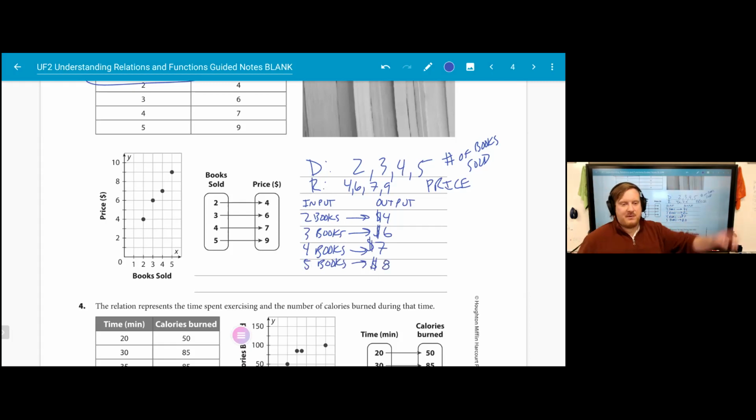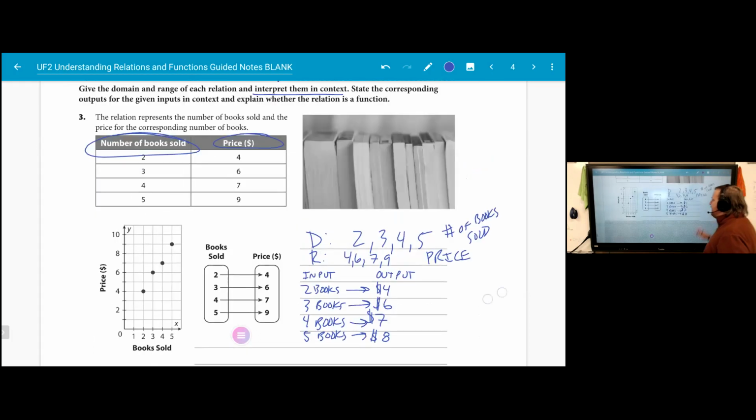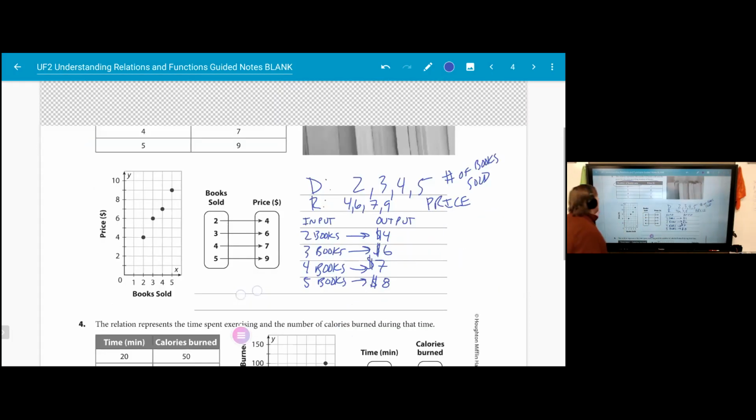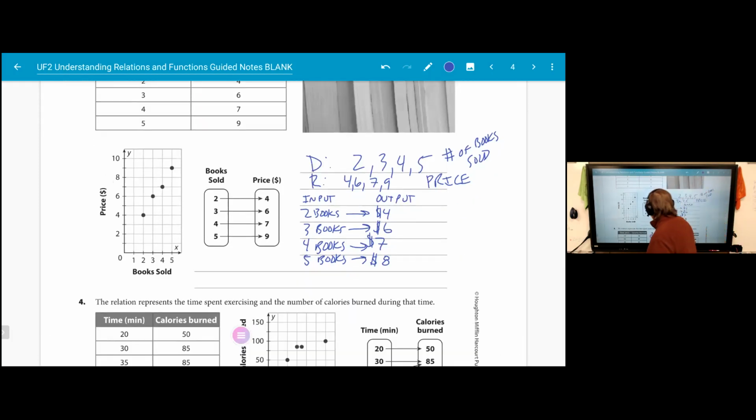So we've found the domain and range, we've put them in context, and we've talked about our inputs and outputs in context. And now we have to say, is this a function? That's the last part. Let's look at the table. Do I have any repeated values in X? No. Do I have any inputs in my mapping diagram which have 2 arrows going from them?